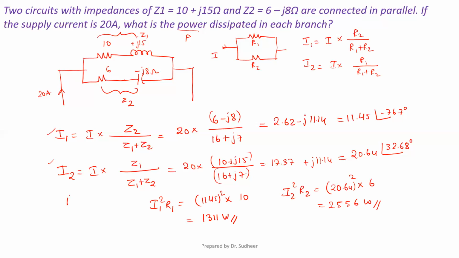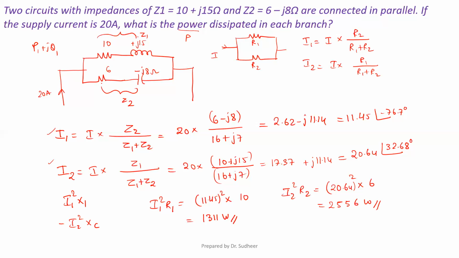Okay. If he asks what is the reactive power consumed, reactive power is consumed by the inductance, then we can use I1 square X1. If he asks reactive power generated in a capacitor, then we can say I2 square X2. If he asks for total power consumed, then you can take it in complex mode: P1 plus jQ1 is the power consumed. P1 is the real power, Q1 is the reactive power.